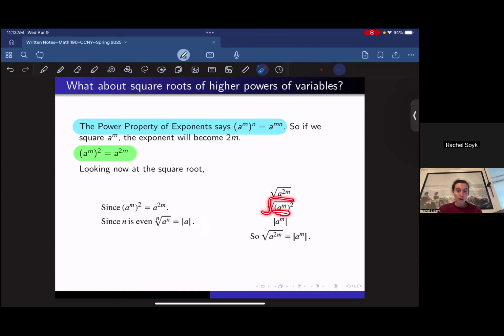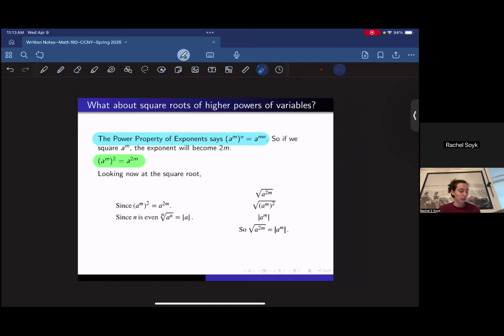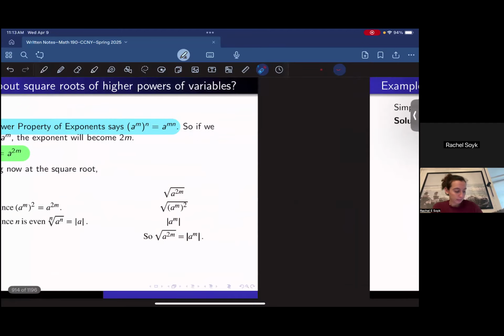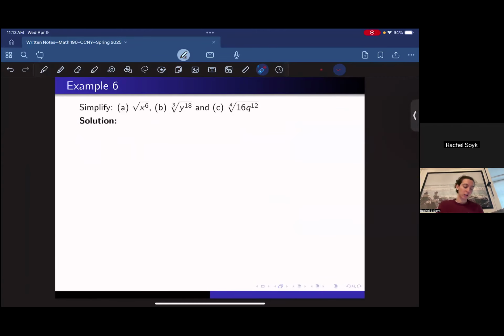And that's the same as plus or minus a to the m, which is just the absolute value of a to the m. So what does this tell us? This tells us that the square root of a to the 2m is plus or minus a to the m, also known as absolute value of a to the m. Knowing this, let's jump into example 6.